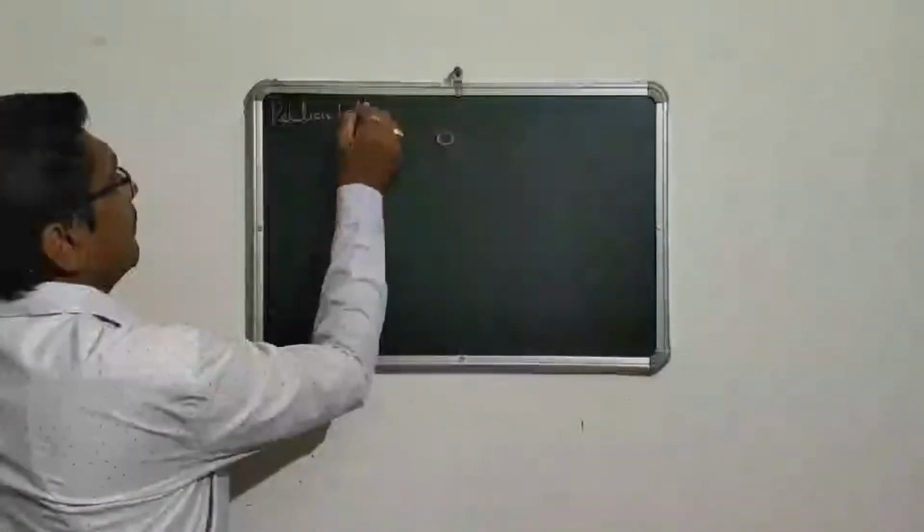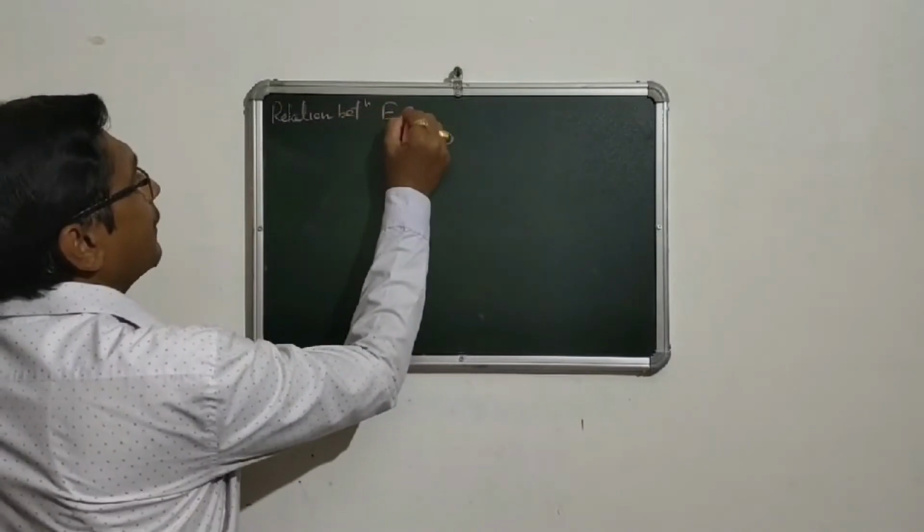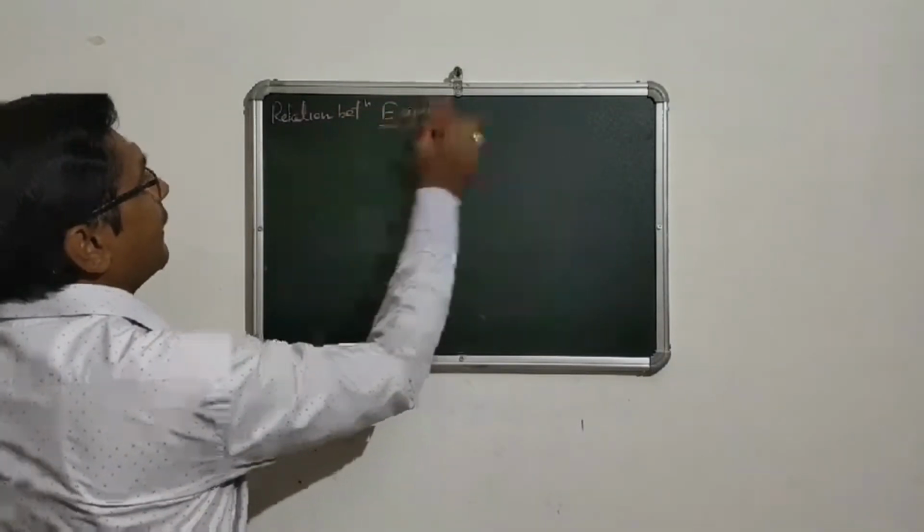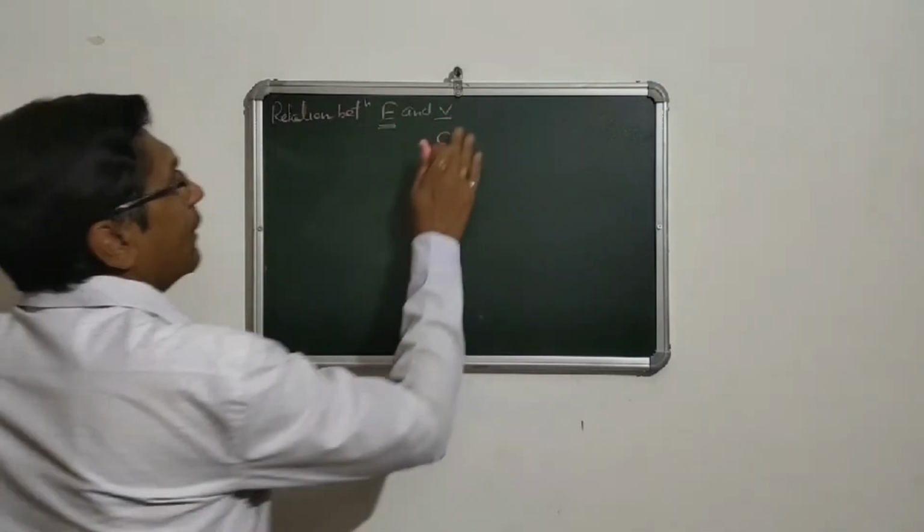Relation between E, the electric field, and V, the potential.